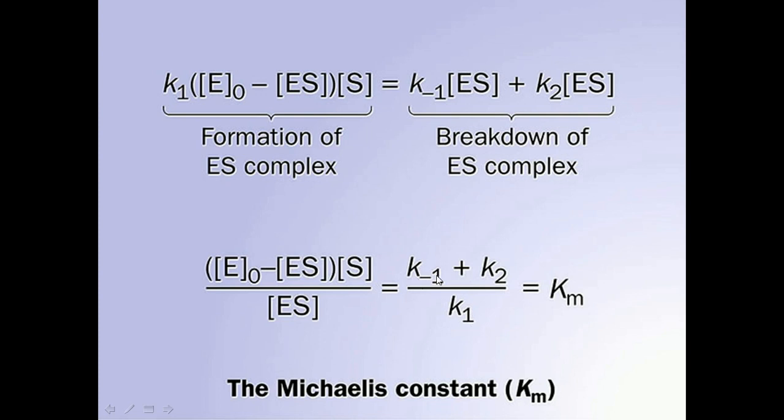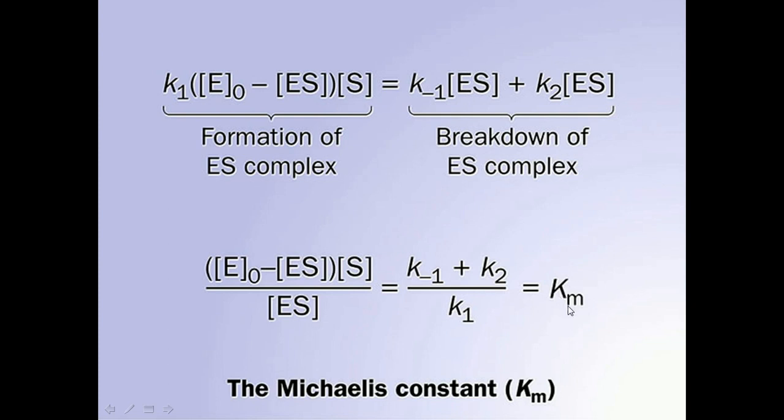So the rate of forward direction K2 plus rate of the reverse direction K minus 1, over the rate of formation of enzyme substrate complex K1, should be equal to Km.